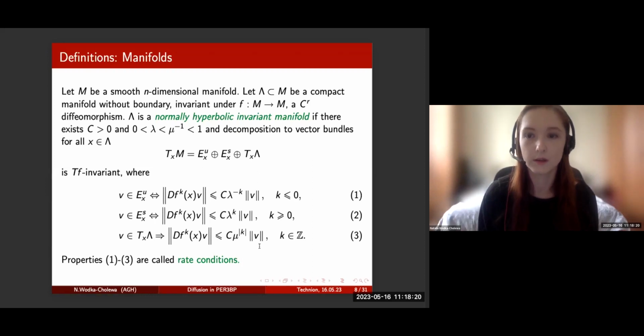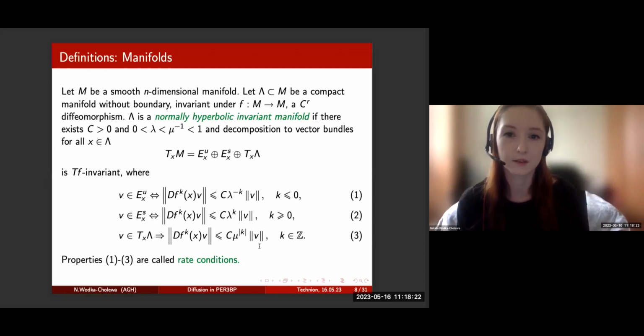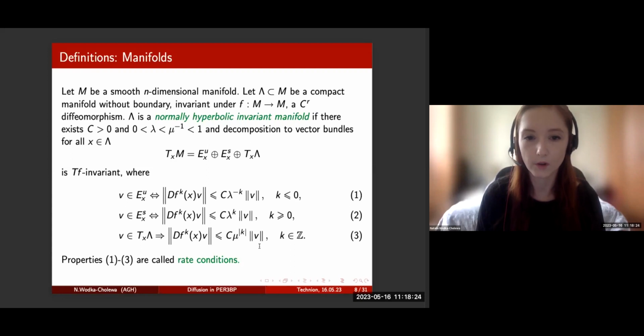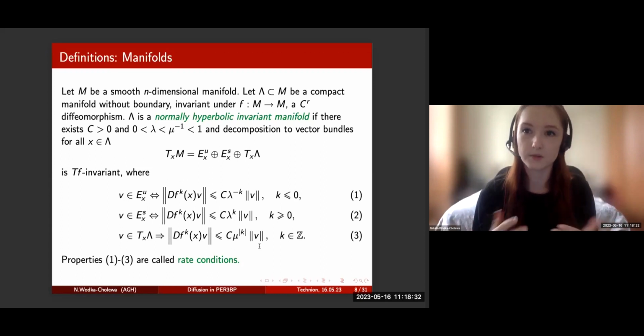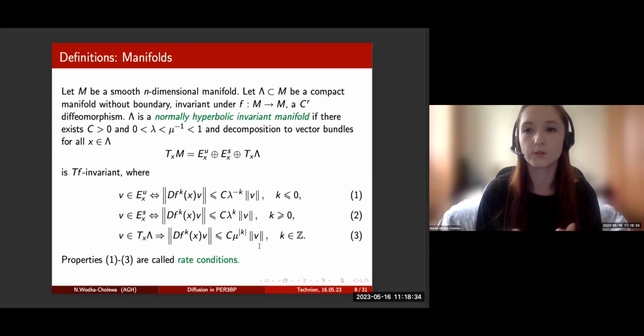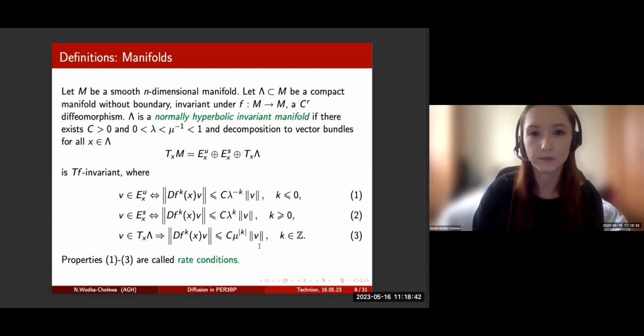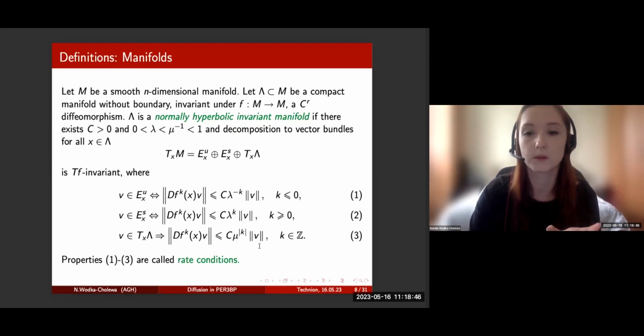You can say it's like a center part. Okay, so we have hyperbolicity: unstable direction, stable direction, something like this, if you know how it works. And of course, this invariant manifold is like in the center. Okay. So this is the object we will talk about later.